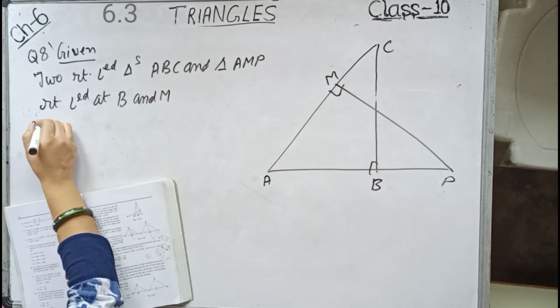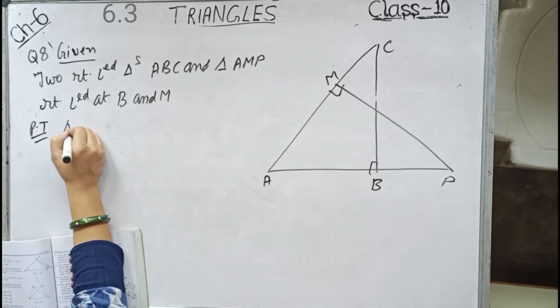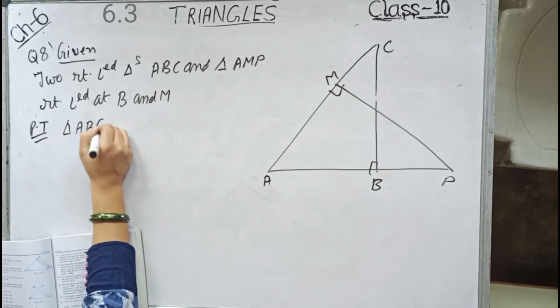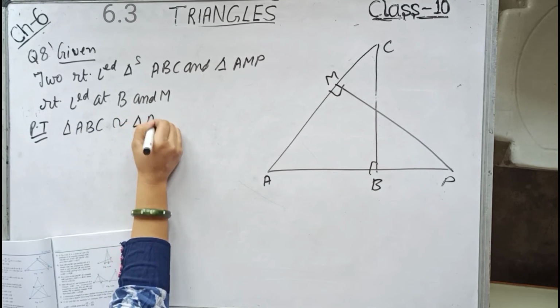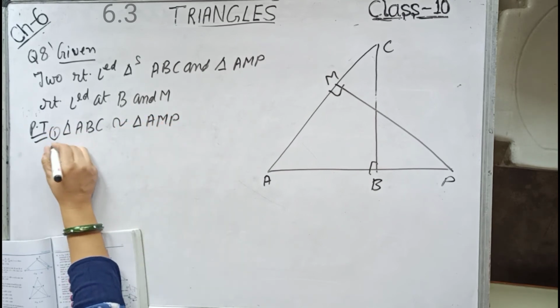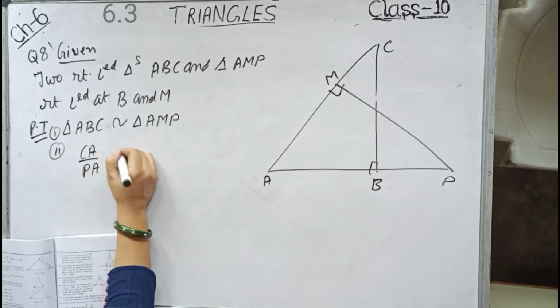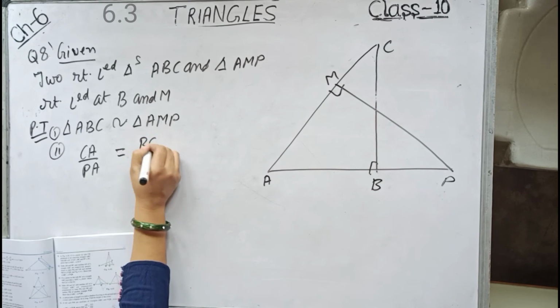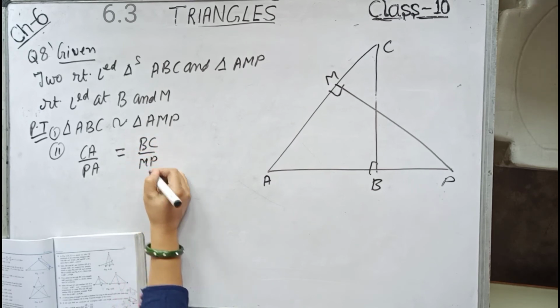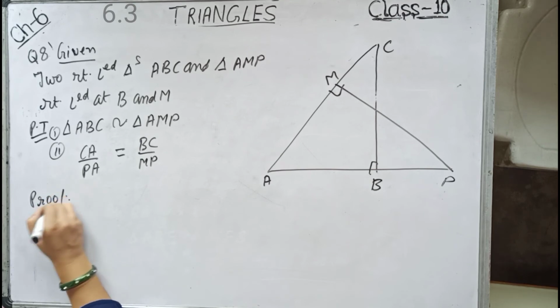Now we have to prove that triangle ABC is similar to triangle AMP. That is the first part, and second part, CA by PA equals BC by MP.